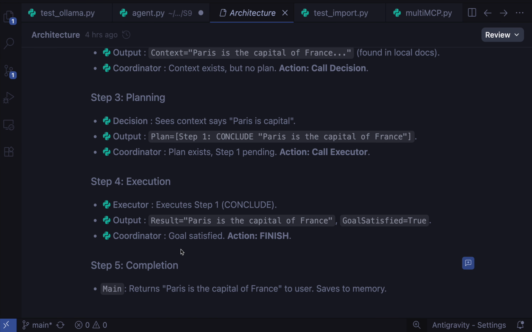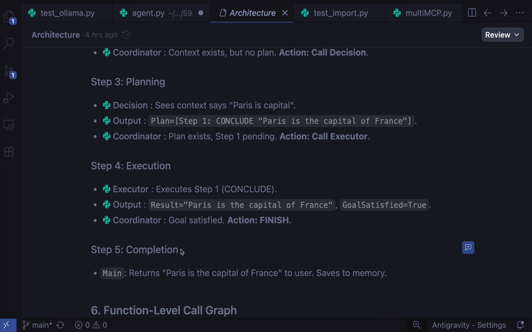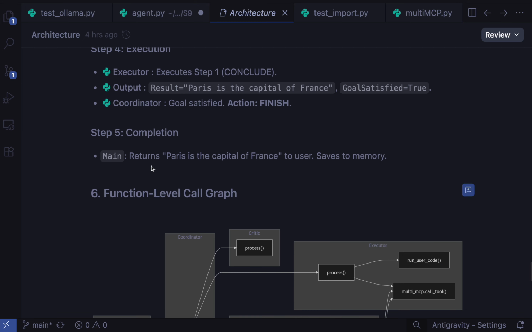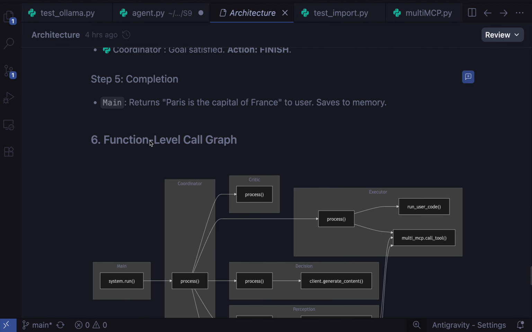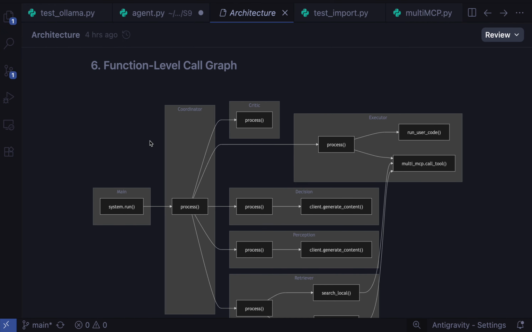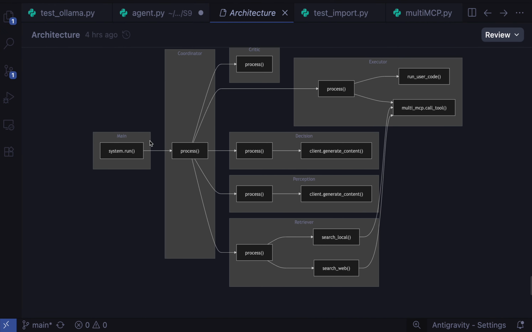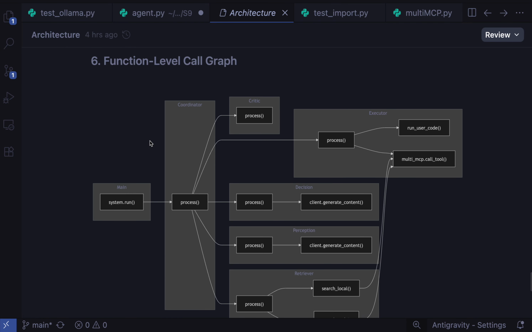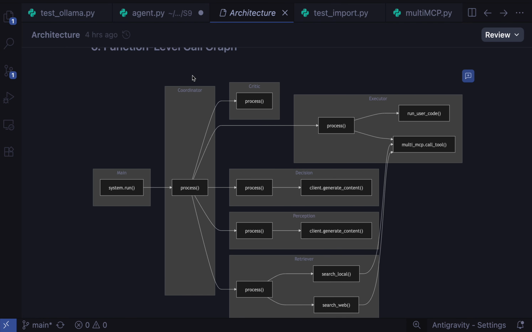The executor takes it and concludes it. It goes back to the main, and then it returns the query response. This is a little bit about the function level, how exactly it is happening.